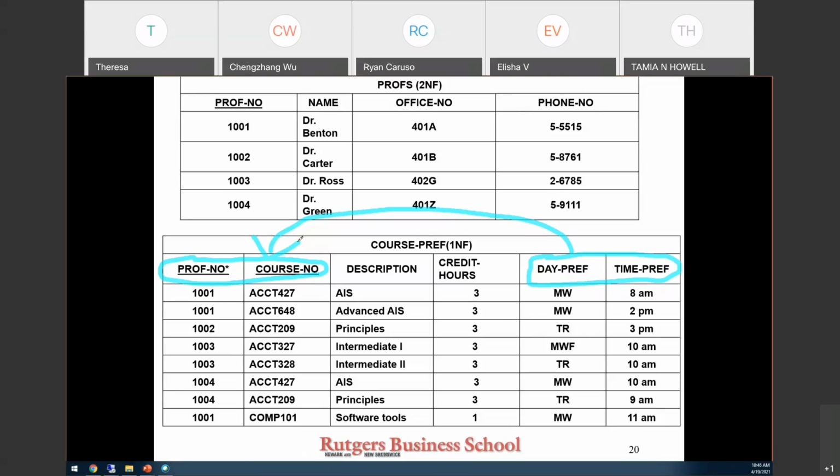So the anomalies described earlier result from this lack of independent existence of certain non-key attributes. Well, this is the introduction of first normal form.